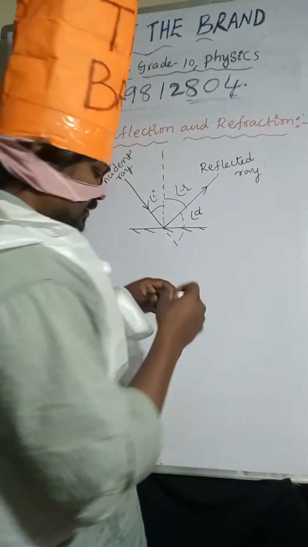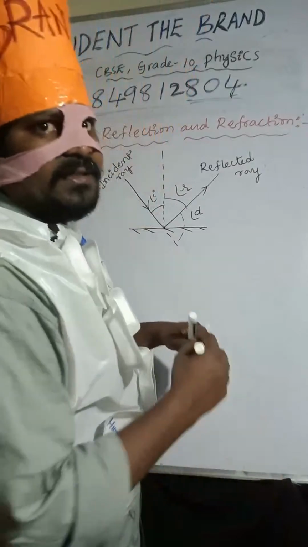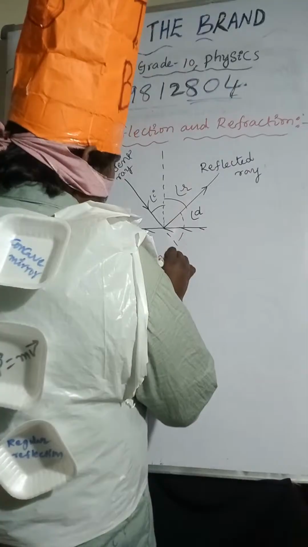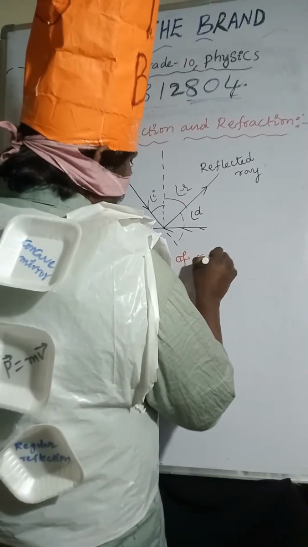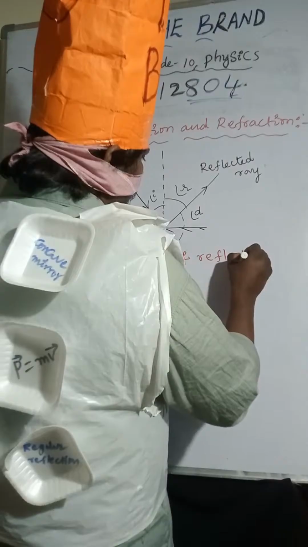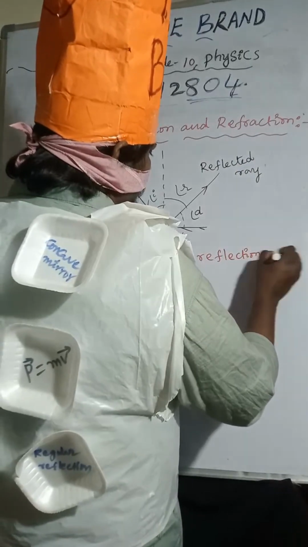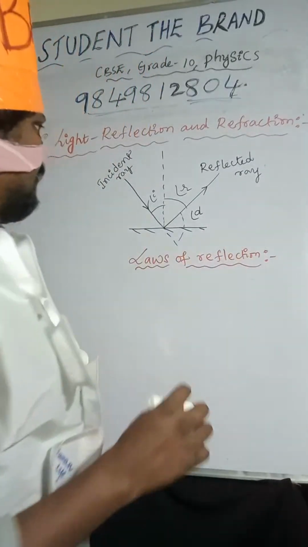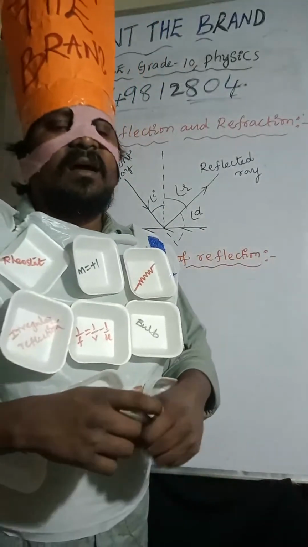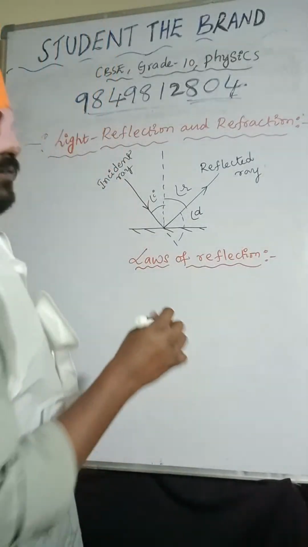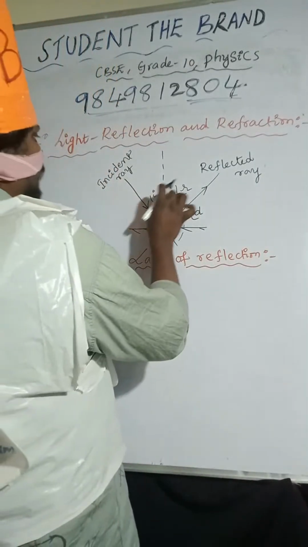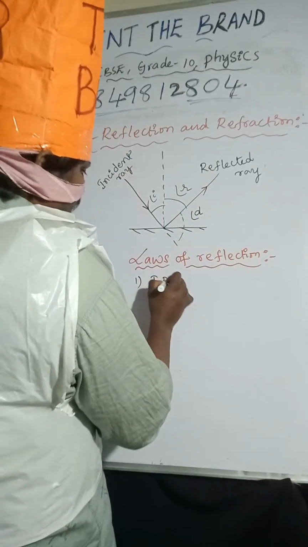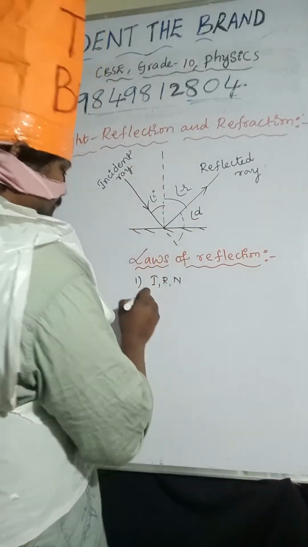Now we have to discuss the laws of reflection. What are those laws? First, the incident ray, reflected ray and normal line lie on the same plane.